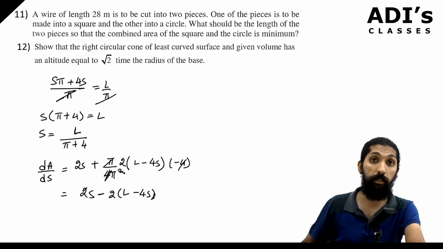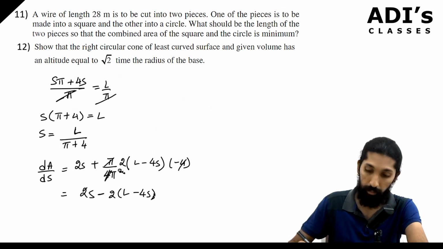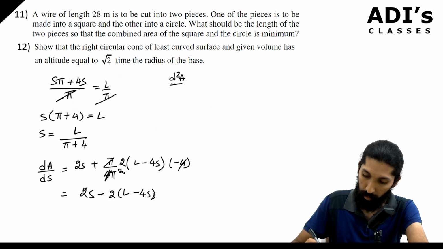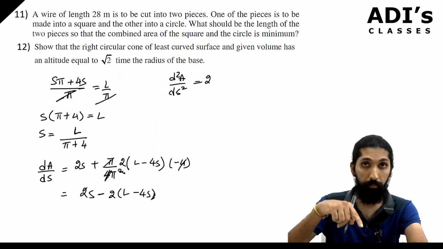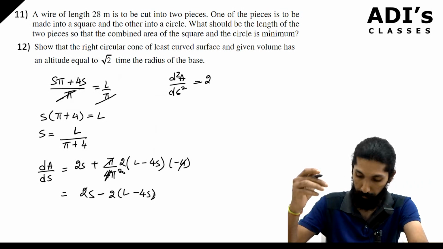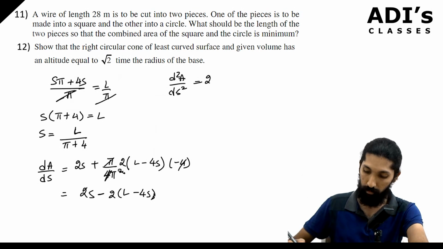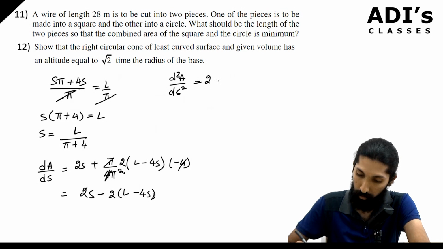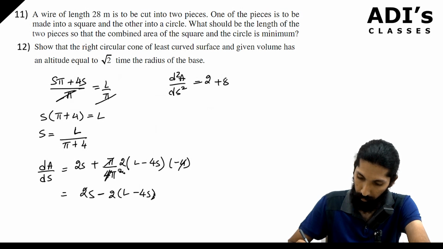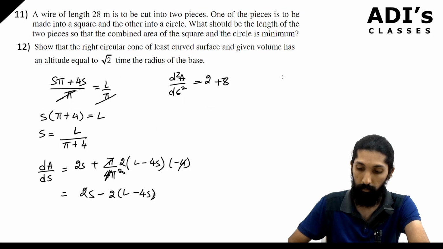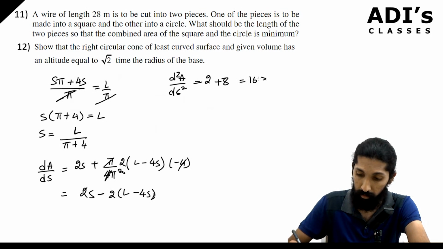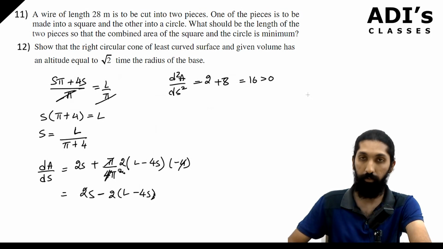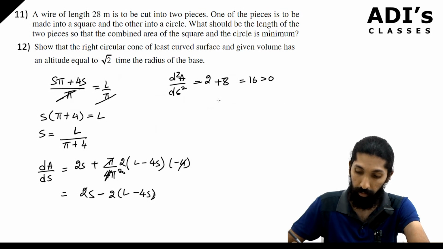Now let's find the second derivative. The second derivative, d square A by dS square, is 2 minus 2 into minus 4, plus 8, basically 2 plus 8... which basically is 16, greater than 0, right? So 16 is greater than 0, obviously.